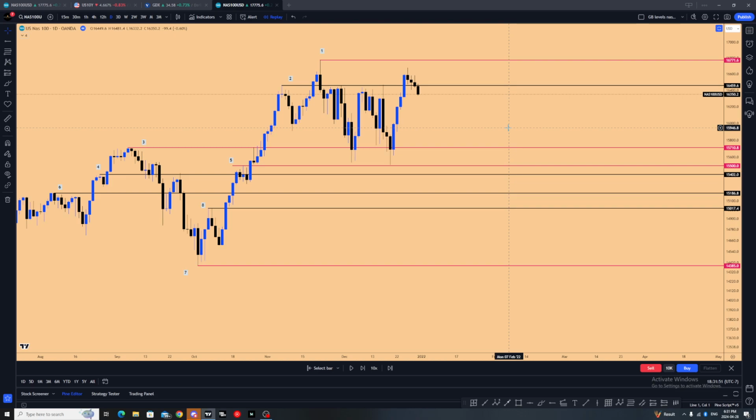Because you need to understand which SR levels are stronger, which are weaker, and which are not SR levels before you can understand if an order block can be formed around them or not.